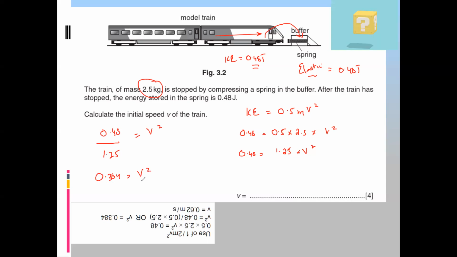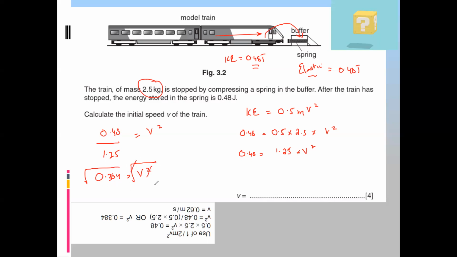But we don't need v square, we need v. To remove this square, we take a square root on both sides. Not divide by 2. When a square is there, we take the square root, so the square will cancel with the root.